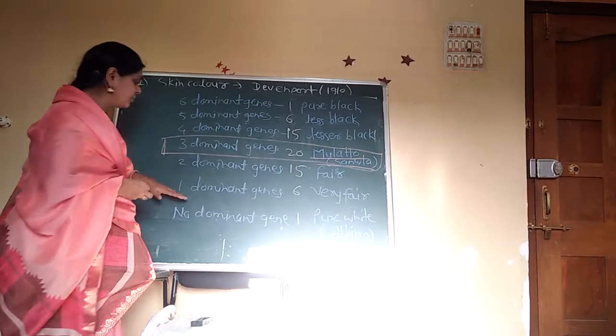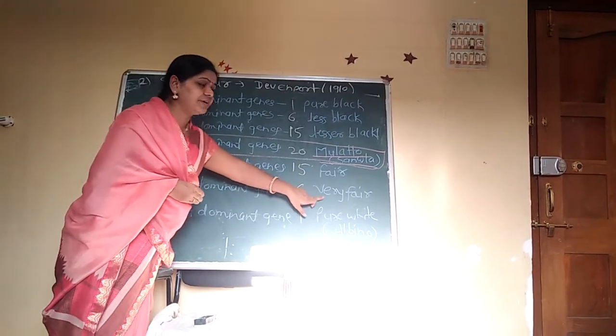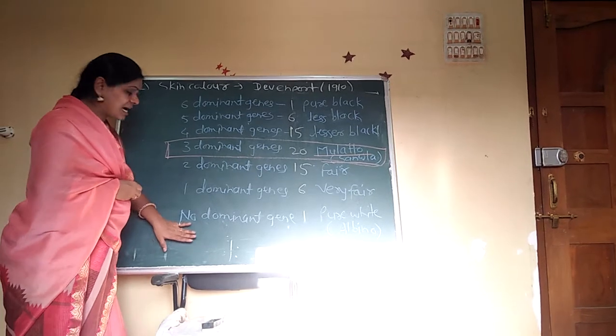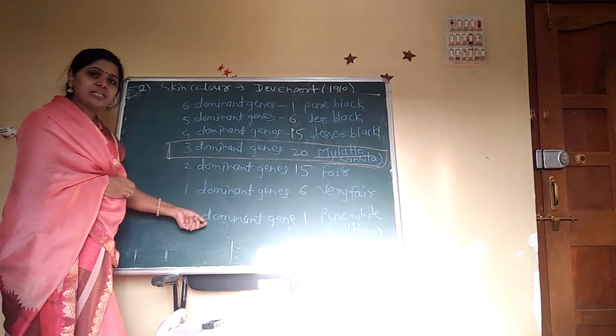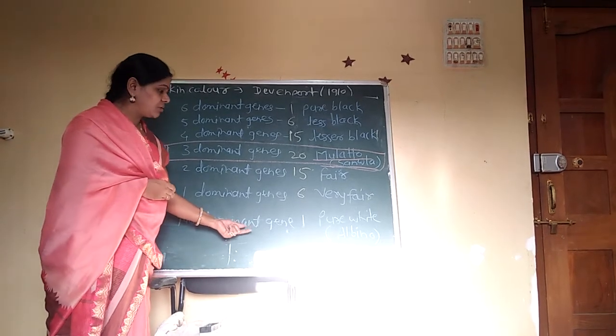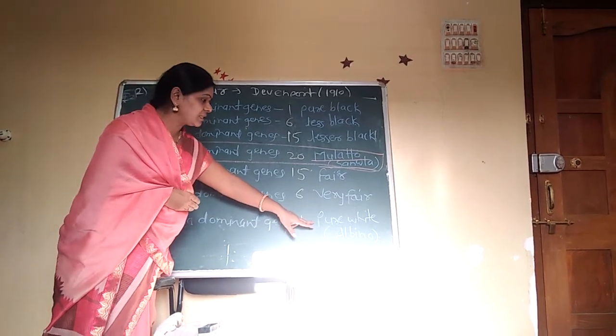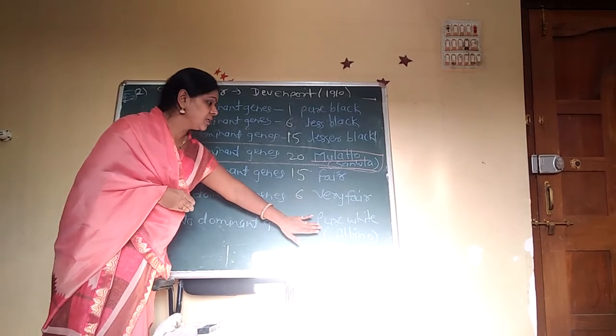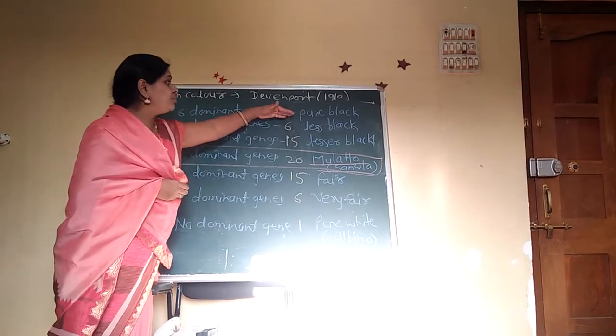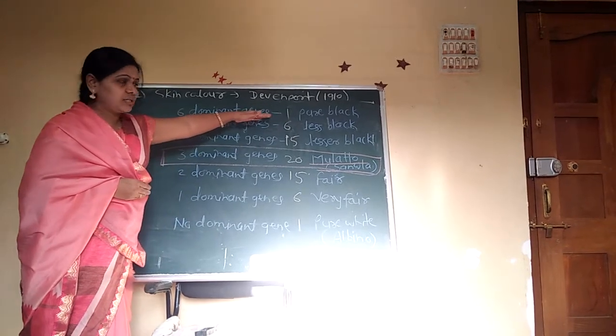One dominant gene, 6, is a very fair person. The last, with no dominant gene, only recessive small a, small b, small c, 1, is the pure white person, also called the albino. Pure black is the Negro.